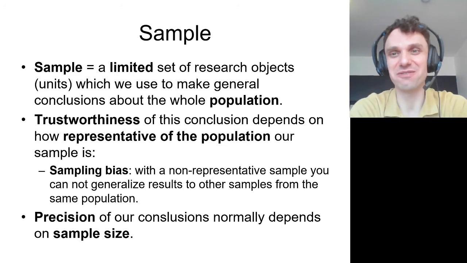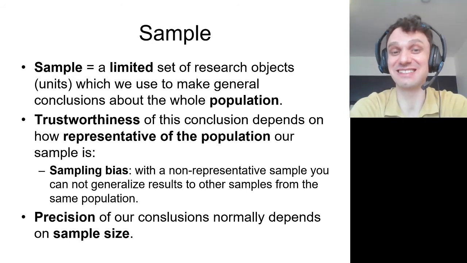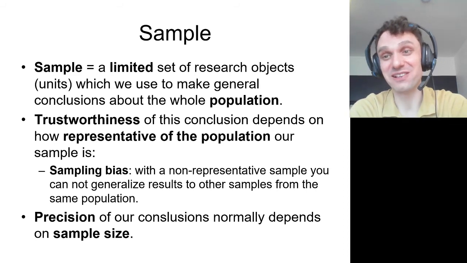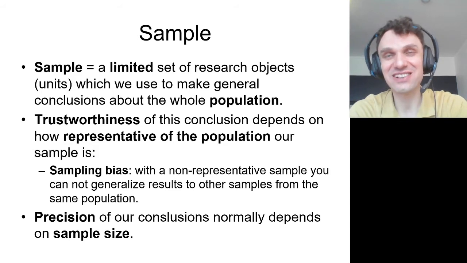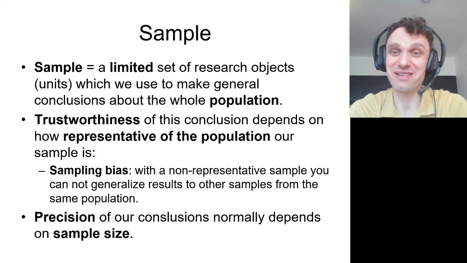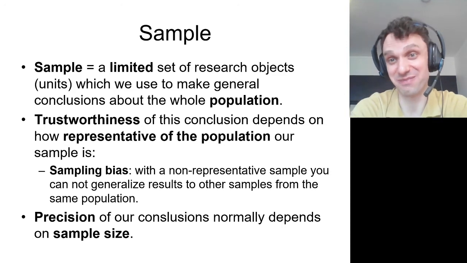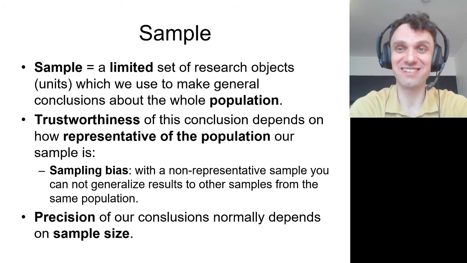The quality of my generalization, the quality of my sample will depend on two things. First, how representative my sample is. Obviously, people you encounter within the building of the Higher School of Economics are not your average Russian people. And maybe only 50% of Russian people love ice cream, but 70% of students of the Higher School of Economics.